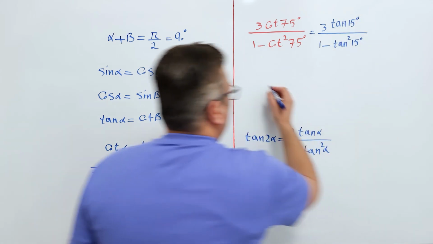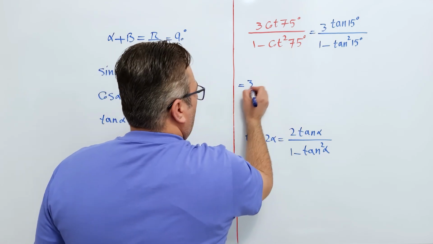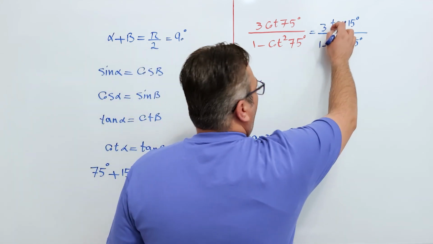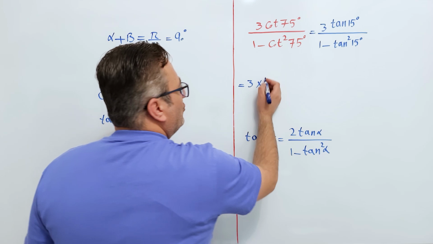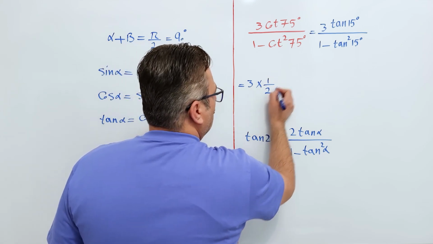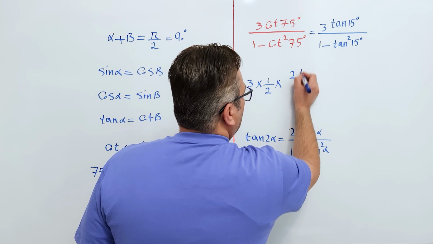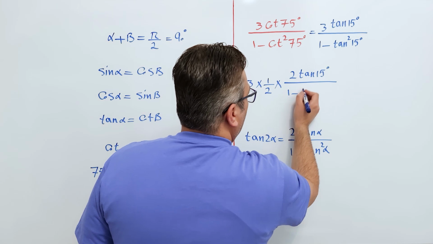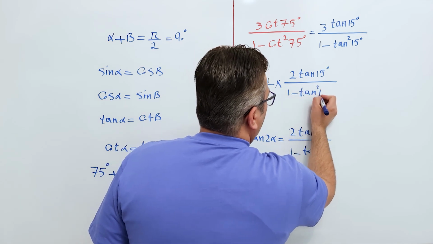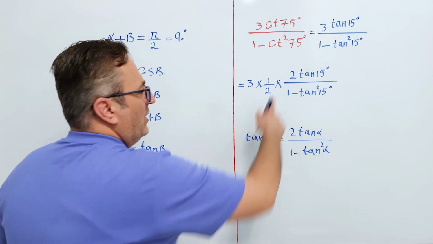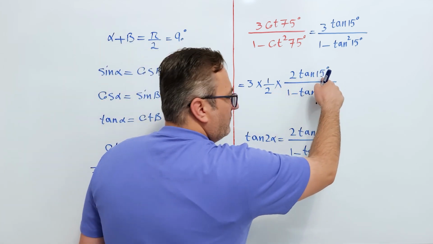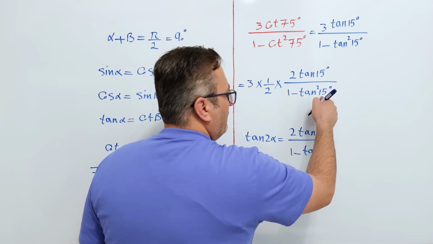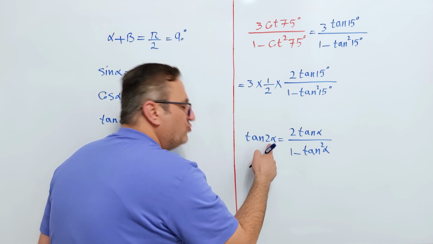15 degrees, and we have 3 times, if we multiply both the numerator and the denominator by 2, we have 3 over 2 times 2 tangent 15 degrees divided by 1 minus tangent squared 15. So 2 tangent of alpha divided by 1 minus tangent squared alpha is equal to tangent 2 alpha.